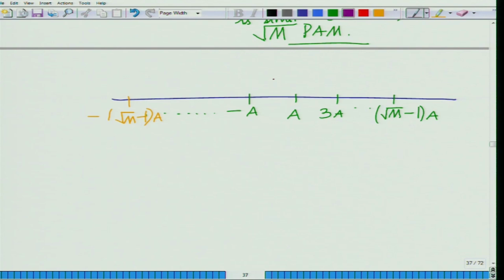And we have already seen that the thresholds remain the same.